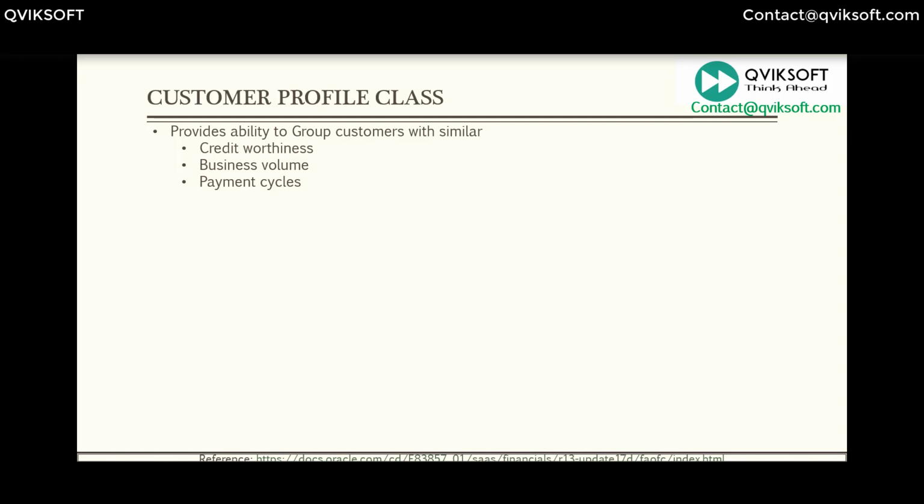Typically I've seen organizations want to look at customers who are high value, those customers who give us most of the business, and you want to pay special attention to those customers to make sure they never have any concern about giving business to you. So you want to control by high volume, low volume, high credit worthiness. You can be selling a lot of items to a customer, but if they're not paying on time, that's also not a good idea. And also payment cycle, whether it's 15 days, 30 days, 60 days, 90 days.